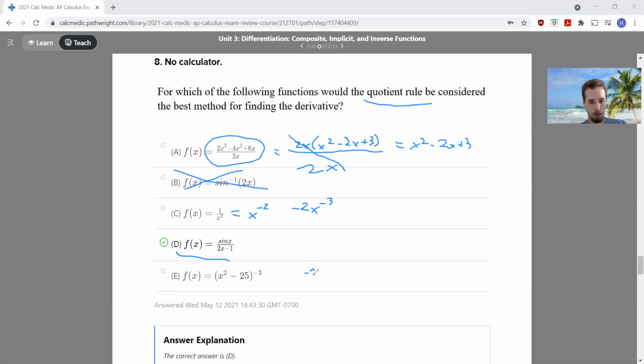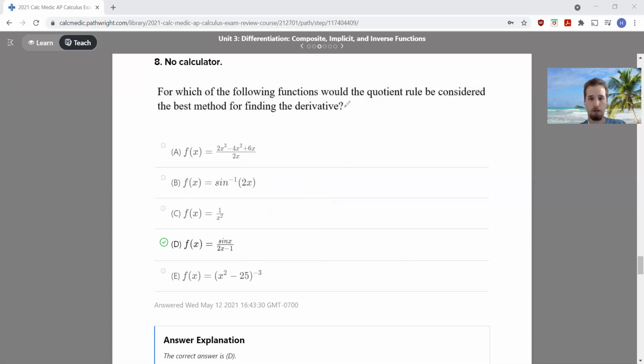With power rule, we get -3 out to the front, x squared minus 25 is still inside, and the power goes down by 1. Then you just take the derivative inside, and the derivative inside is just 2x. We don't need to worry about quotient rule for E. D is the only one where quotient rule is the only way to solve it. So sometimes don't be afraid to guess and check. Sometimes it makes a question a lot easier.